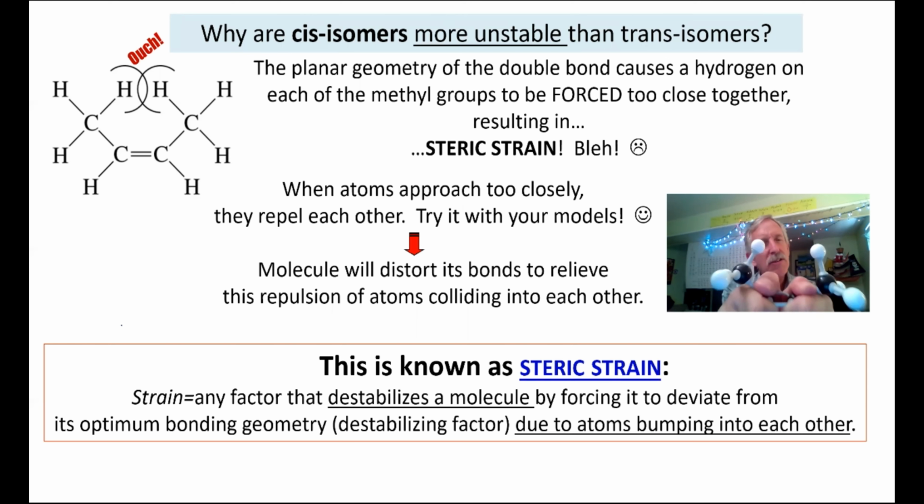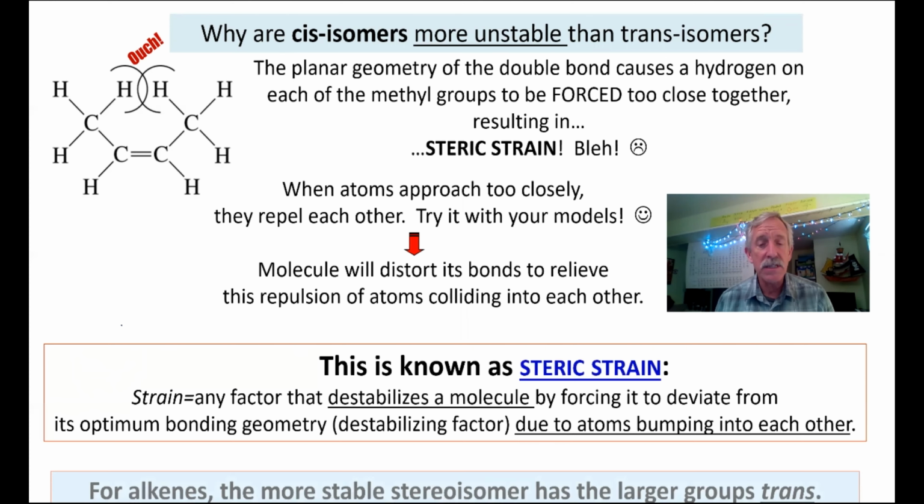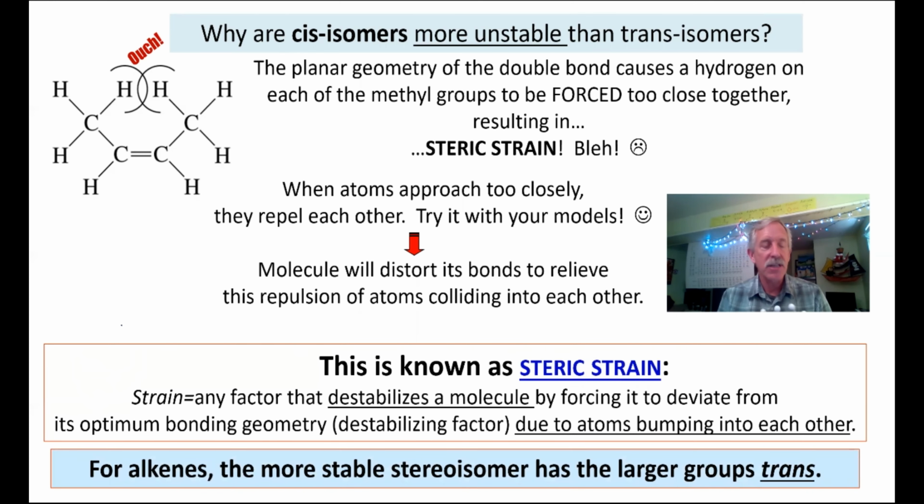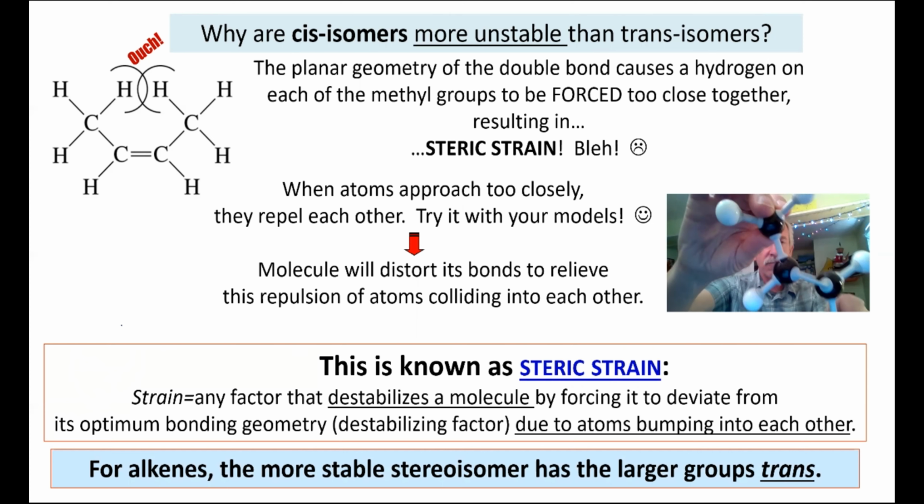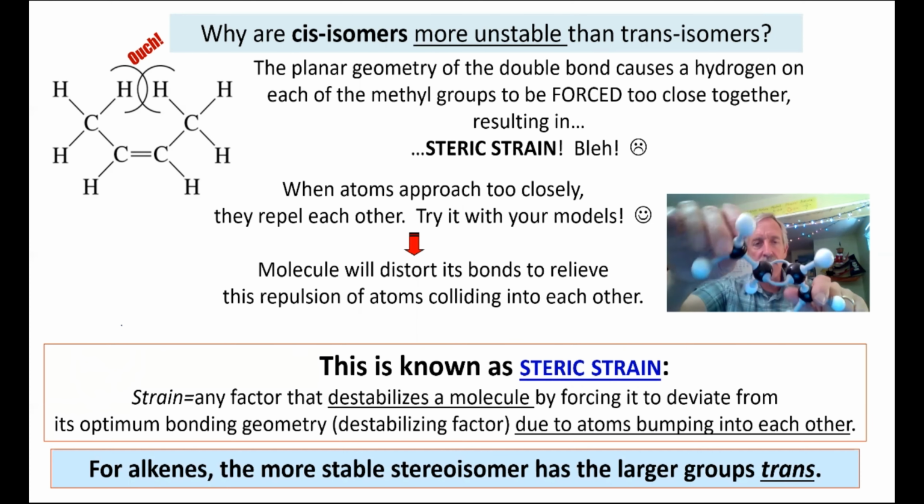So this requires a little energy and makes it a little harder for this cis alkene to form, because it is just not as happy as if it was in the trans conformation. Notice the two methyl groups will not bump into each other on a trans conformation, one top, one bottom. Okay, so no steric strain here in the trans alkene.